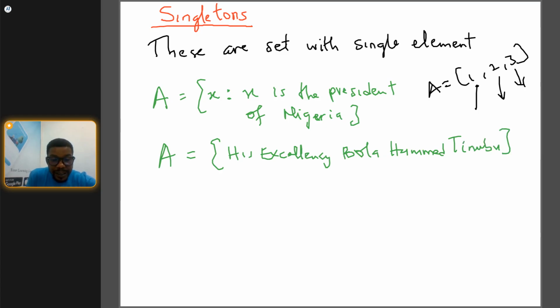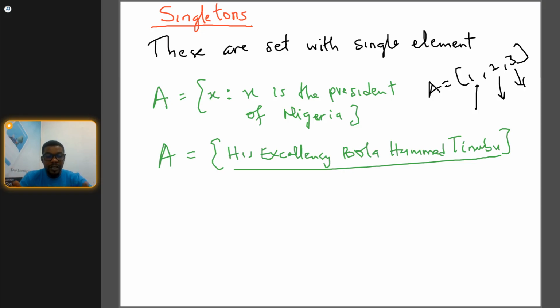So we have just a name inside the set. That means we have just one element inside that set, and that is why it is called a singleton set. A set that contains only one element is said to be a singleton set. So this is a perfect example of a singleton set.